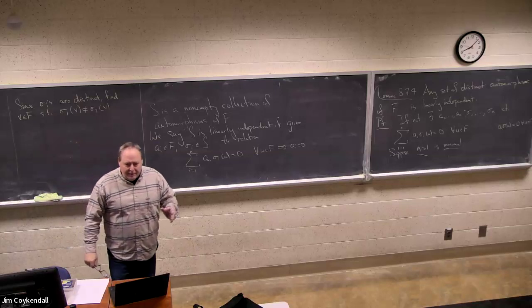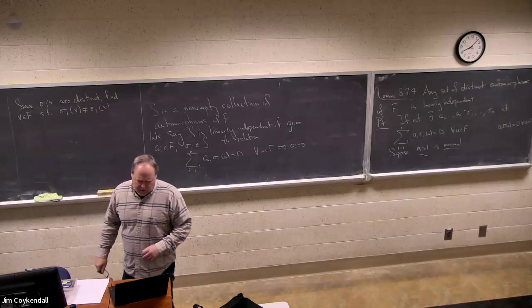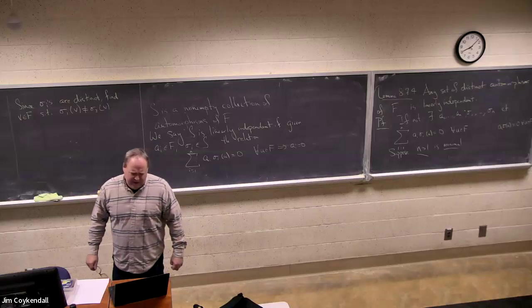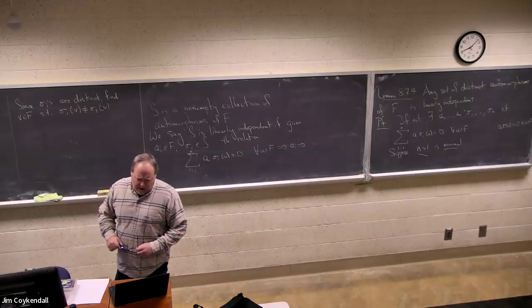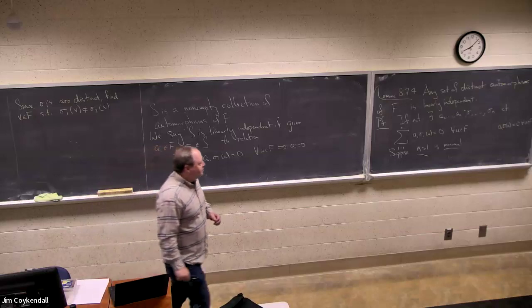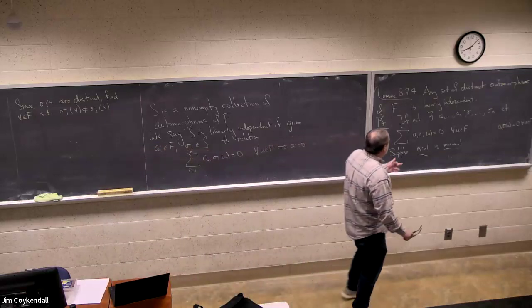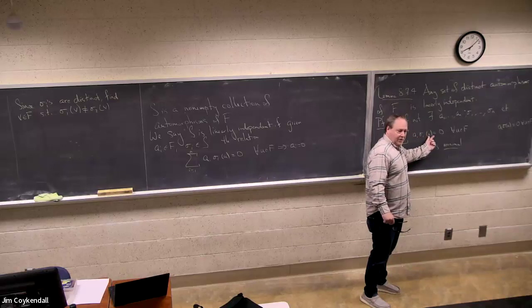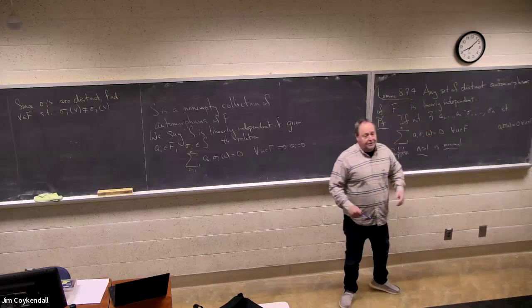There must be some element of the field for which sigma 1 and sigma 2 differ. And we apply this equation to uv. This thing is 0 no matter what I plug in for u, so I'm going to plug in uv.